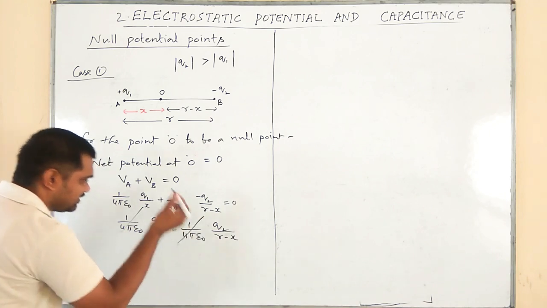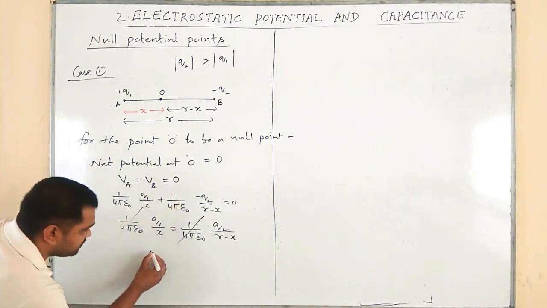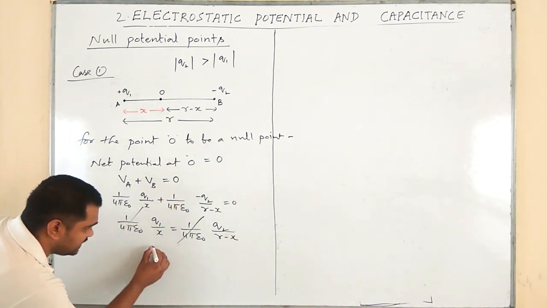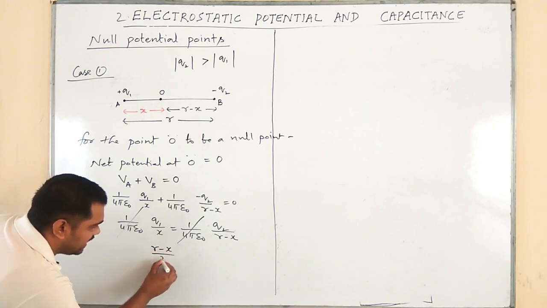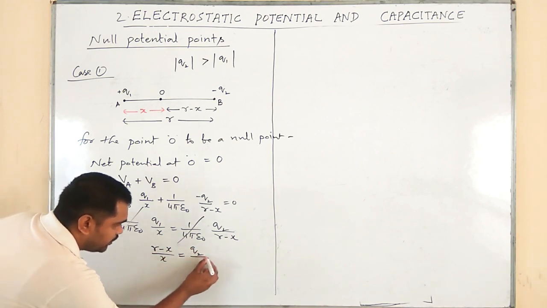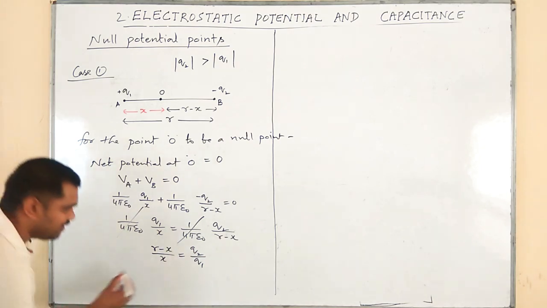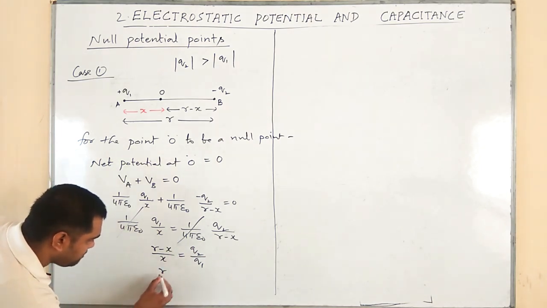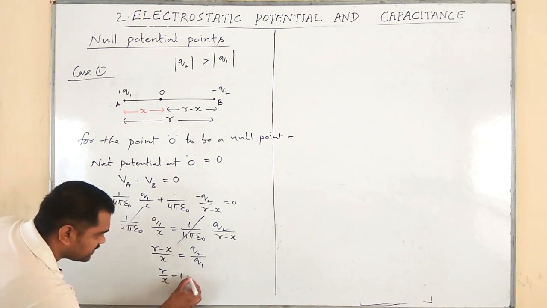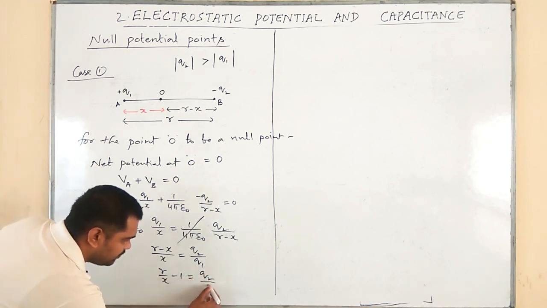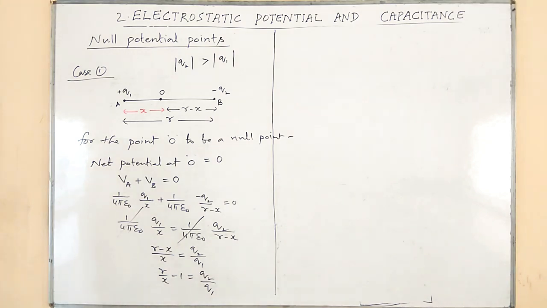So if I cancel these two on rearranging the terms, what we will get is (R minus X) divided by X is equal to Q2 divided by Q1. Otherwise, R divided by X minus 1 is equal to Q2 divided by Q1.